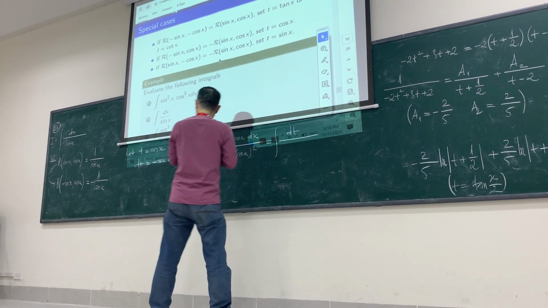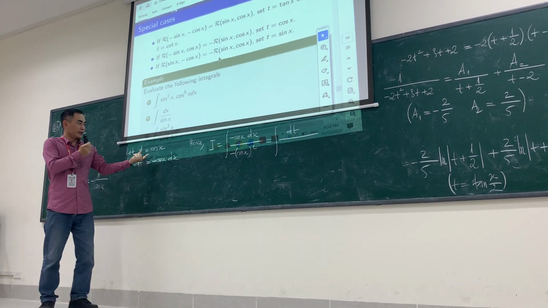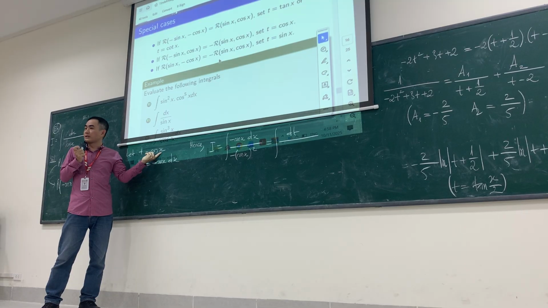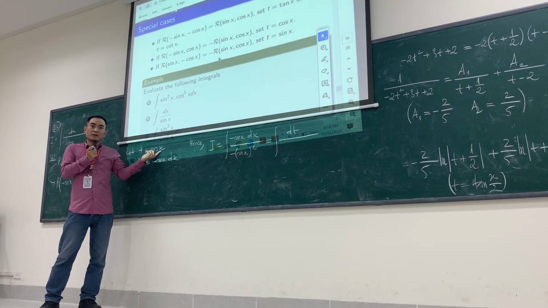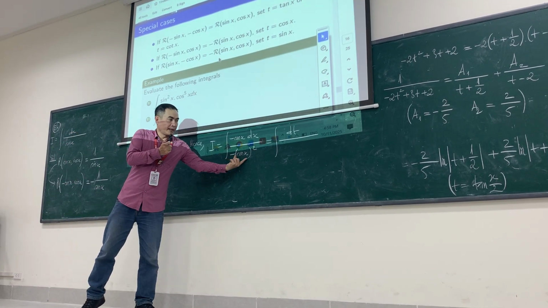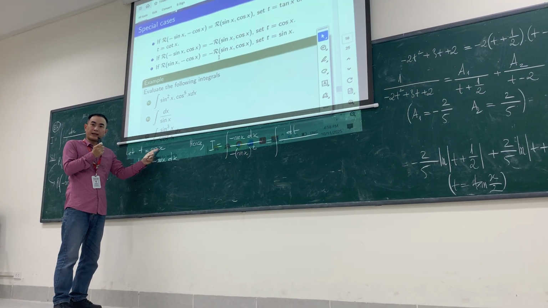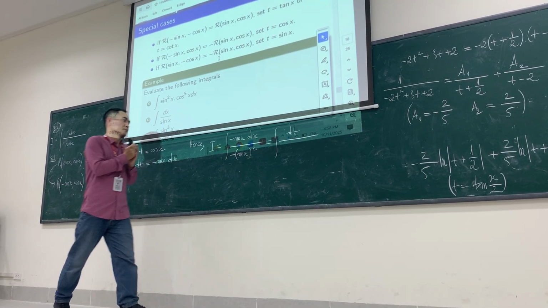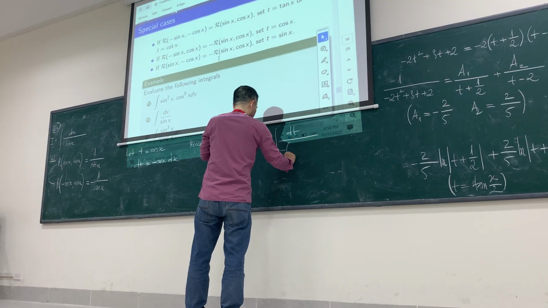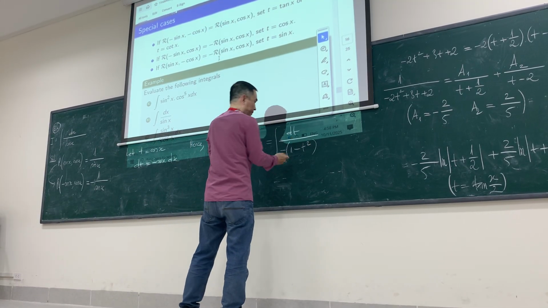With t equal to cosine x, sin x squared is equal to 1 minus cosine x squared, which is 1 minus t squared.